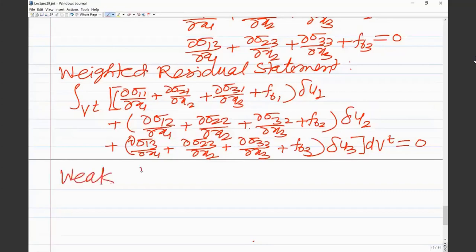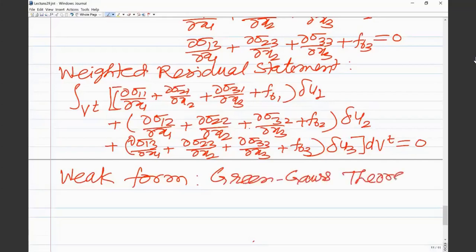And then now we come to the weak form of this. So to arrive at the weak form, you have to use what is known as the Green-Gauss theorem. As per this, we will translate these volume integrals into surface integrals, and the derivatives would be transferred from the sigma to the virtual displacements delta U1, delta U2, and delta U3.